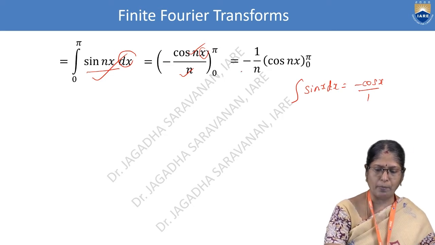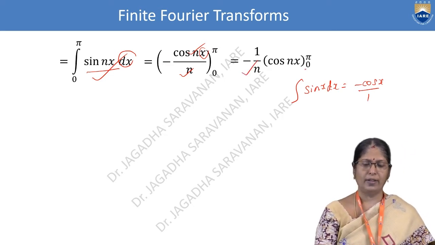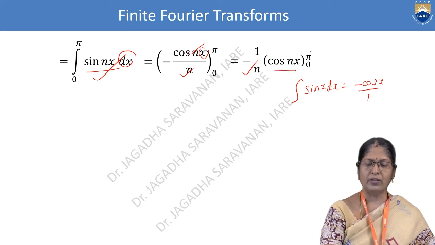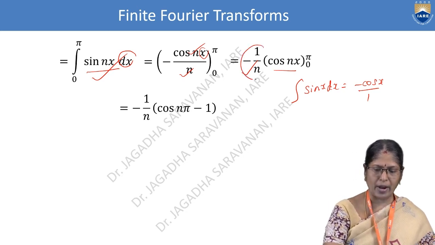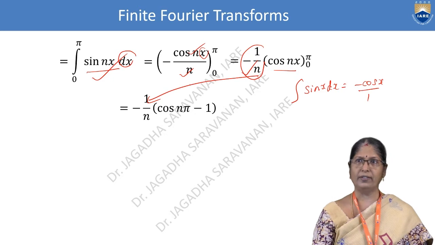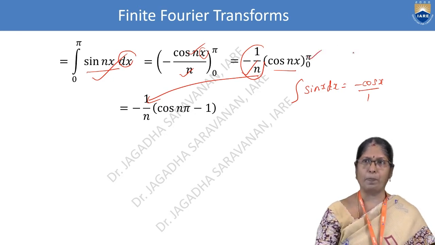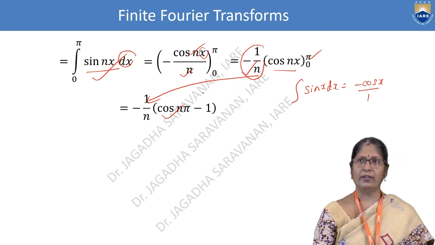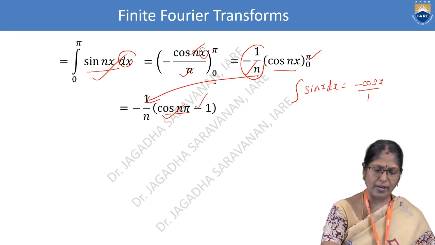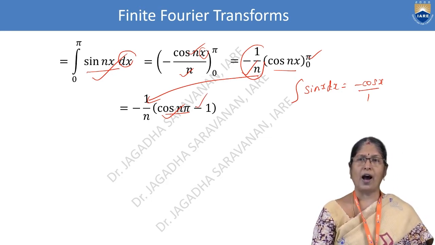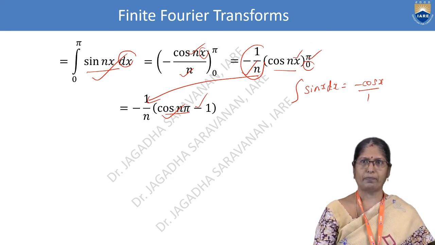So the minus 1 by n is written outside, the remaining is cos nx from 0 to pi. The upper limit is pi, so cos n pi, and this is the limit formula, upper limit minus lower limit. Our lower limit is 0, we substitute 0 in the x place, and cos 0 value is 1.